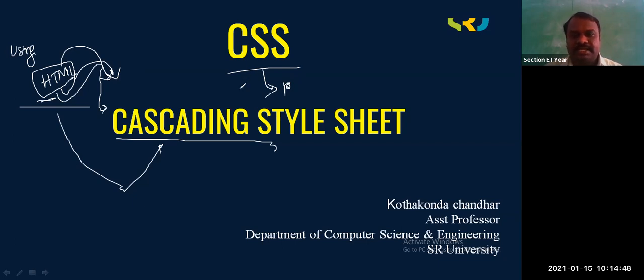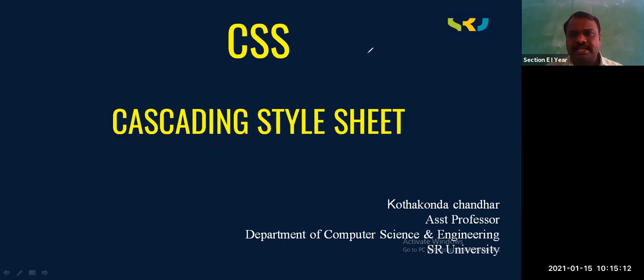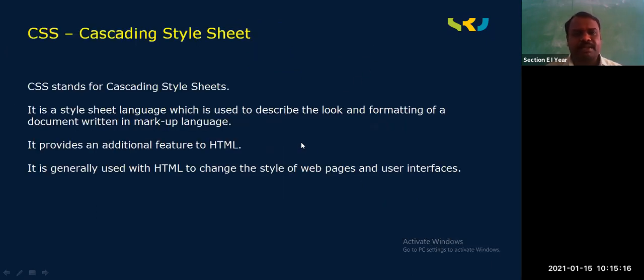Those properties are given by CSS, and this CSS is embedded. Embedded code means you write this code inside the HTML. Right now we don't know how to write them, so we will see it one after the other. Before writing, you should know the syntax.